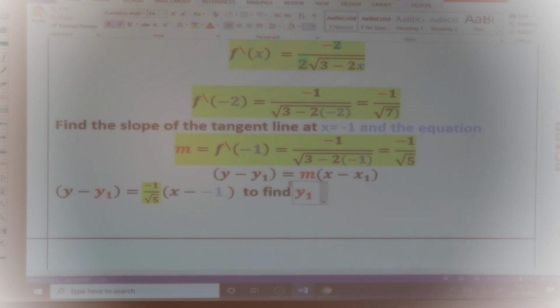What you have to do is plug x1 right here, plug x1, which equals -1, into the function.